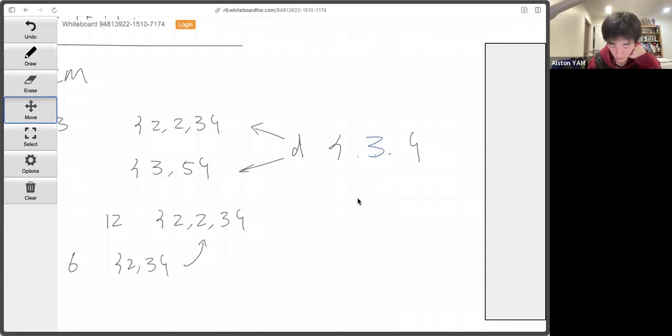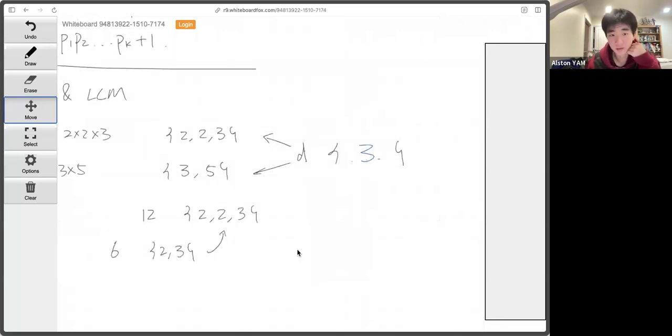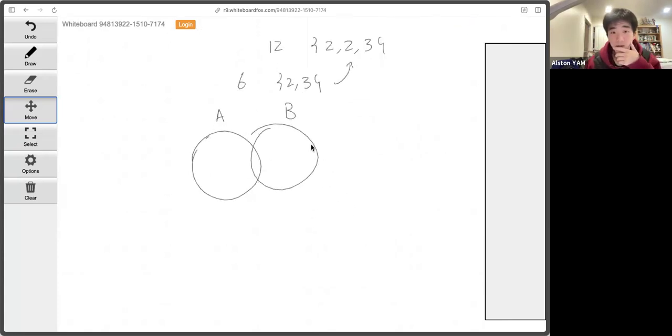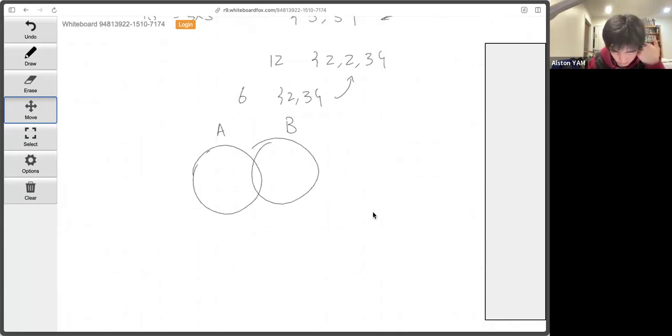Okay. There's another visual way of saying this, which is that sets relate really well to Venn diagrams, right? So if we have the sets A and B, let's have A as the set of a number. A is 2, 2, 3. That is our set. And B will be our set of 3 and 5.